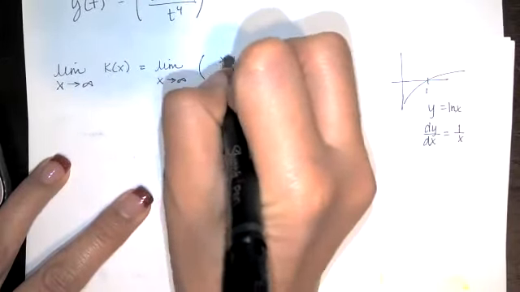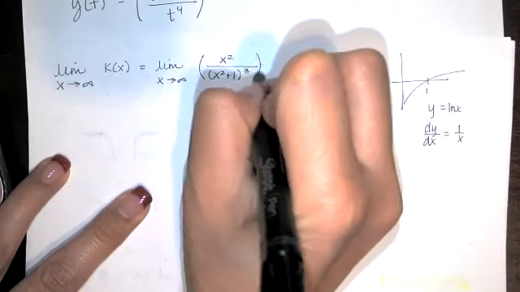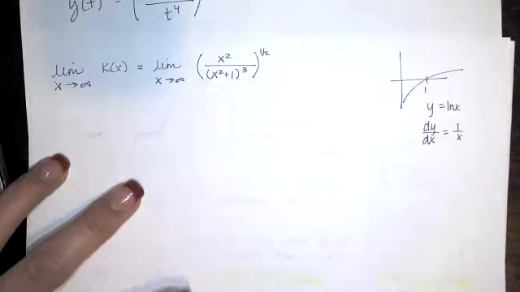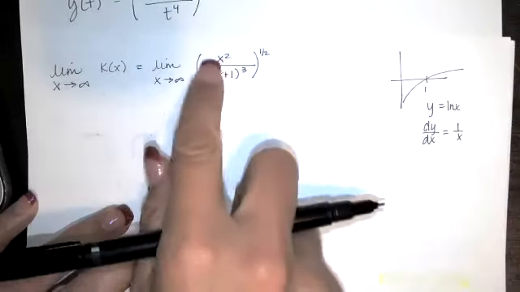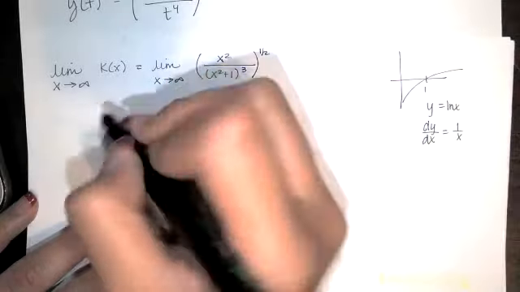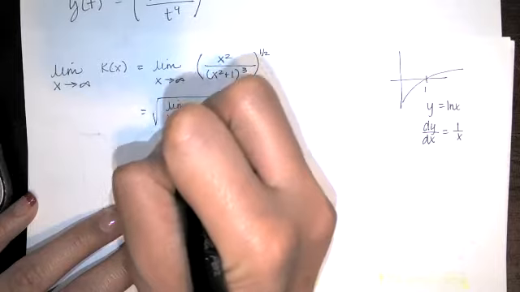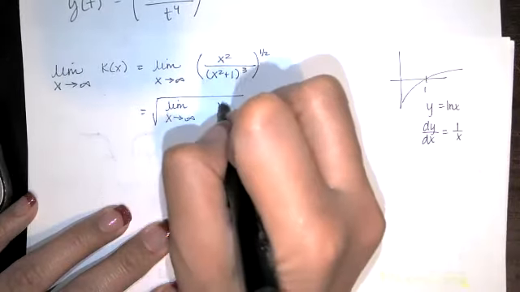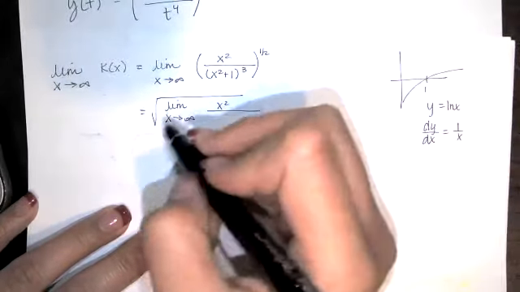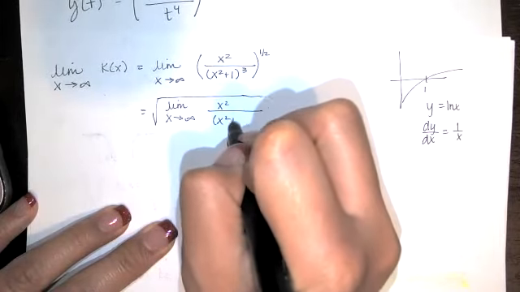It was x squared over the quantity x squared plus 1 cubed, all raised to the 1/2 power. Now this function, this square root function, is continuous, so you can bring the limit inside. So you can just think of this as the square root of the limit as x goes to infinity of this expression.